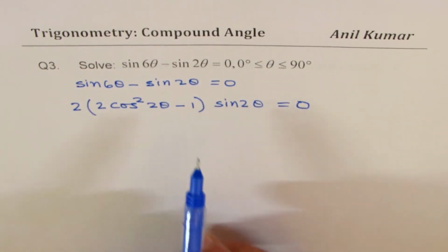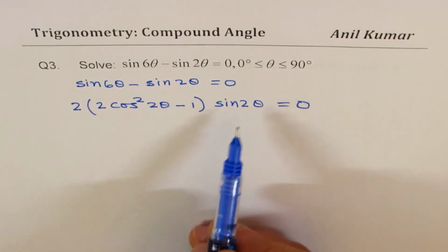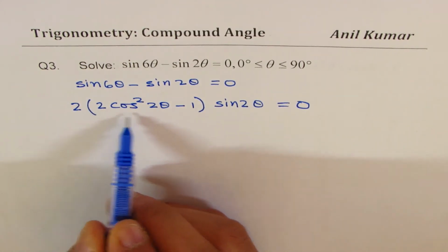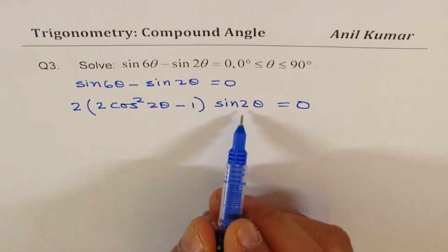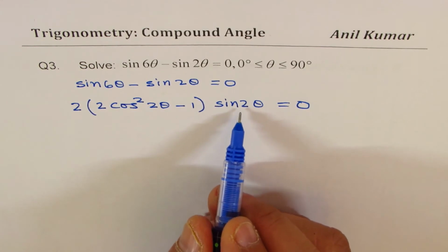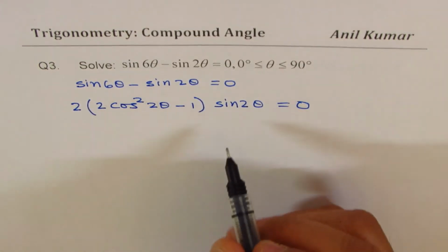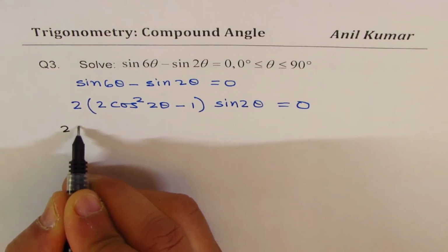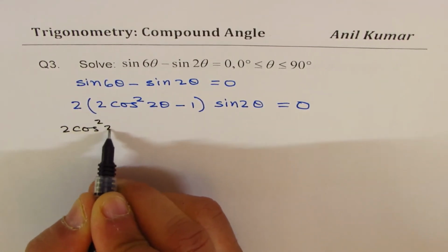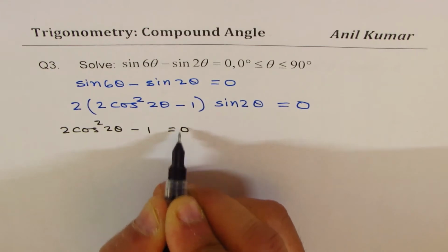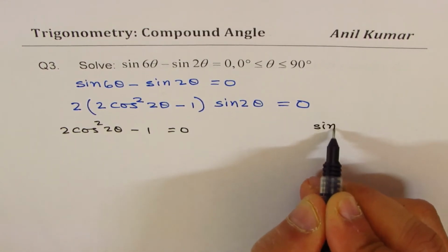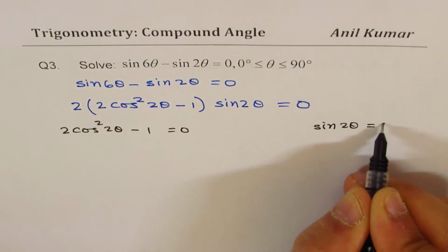So now it really means that this could be true if the first factor is 0 or the second factor is 0. Is that okay? So we are looking for two solutions here. One is for 2 cos square 2 theta minus 1 equals 0, or sine 2 theta equals 0.